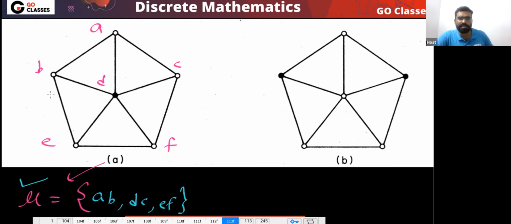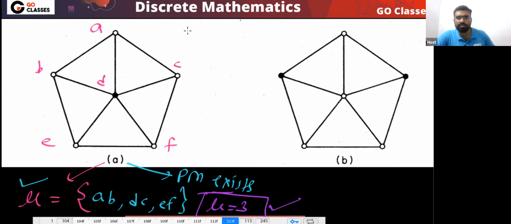So the matching number will be 3 and a perfect matching exists. So mu will be equal to 3, and there is a perfect matching.